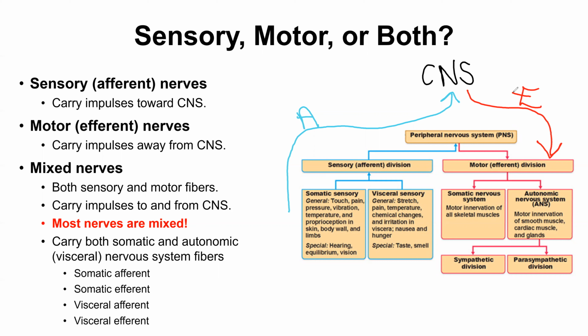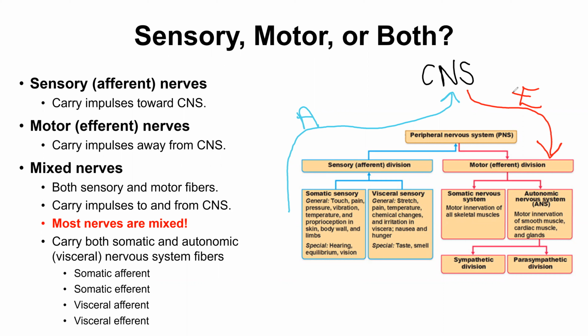But we also have these things called mixed nerves, and mixed nerves contain both motor and sensory fibers. And so mixed nerves carry impulses to and from the central nervous system. And just so you guys know, most nerves in our body are actually mixed nerves. So they have fibers that are both sensory and motor.